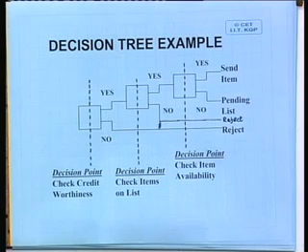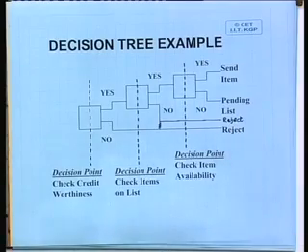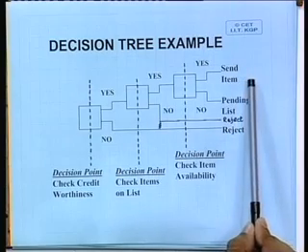So, this is basically a decision tree, but what actually happens, sometimes you may have to evaluate the options. That is where the events and the probabilities can come in. Suppose down the line, after you have decided to send the item, then it depends on certain probabilities.